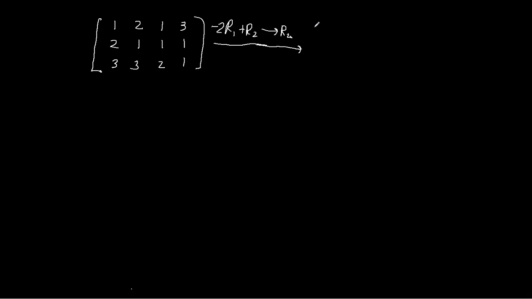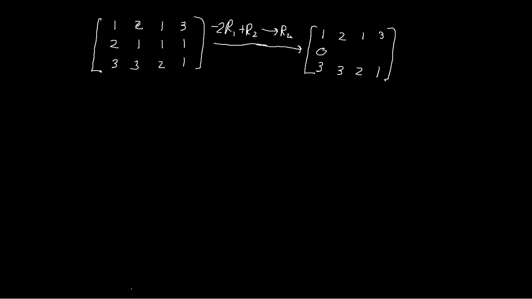So if we do that, right, we're not changing the first row. 1, 2, 1, 3. We're not changing the last row, right? 3, 3, 2, 1. Row 2 is becoming -2 times row 1 plus row 2. So 1 times -2 is -2 plus 2 is 0.